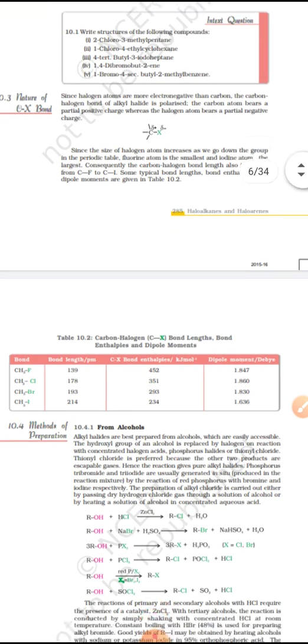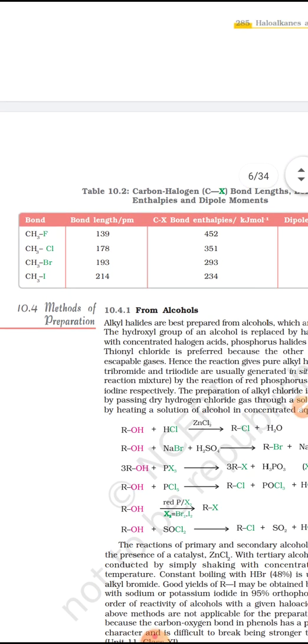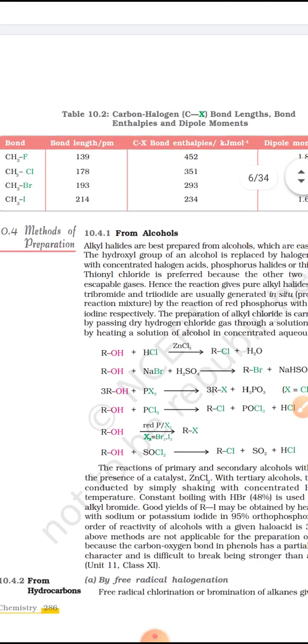In this table you can see the bond length of the carbon-fluorine bond is 139 pm. From the carbon-chlorine bond, if we move, it increases slightly. The carbon-bromine bond is even longer, and the carbon-iodine bond is 214 pm. So down the group, the size of the atom is increasing, bond length also is increasing, and the bond enthalpy decreases. That means the bond between carbon and fluorine will be stronger compared to carbon and iodine.